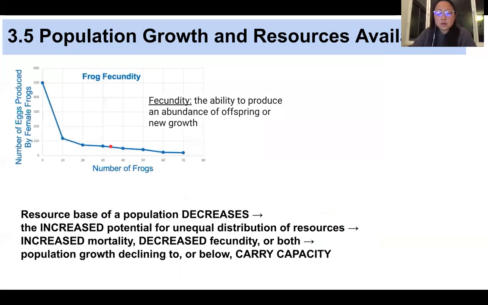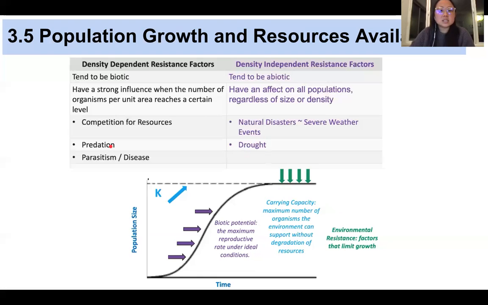Essentially, a lot of this is very logical, and we're just building vocabulary to be able to describe these concepts and phenomena of various species populations.